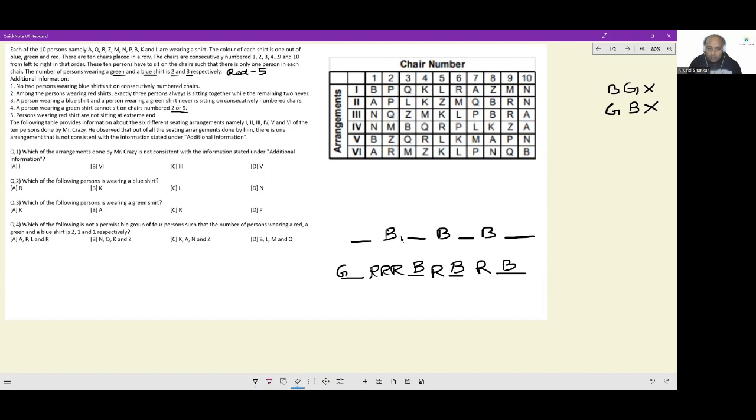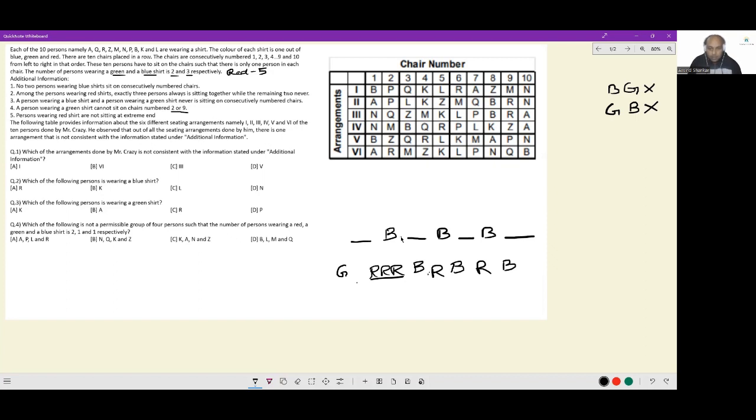Now let's try and identify where we can put a G. If I include a G here, G would be at slot 2, which is unacceptable. These 3 R's have to be together, so I can't put G there. If I put a G here, GB would be together. If I put a G after B, BG would be together.